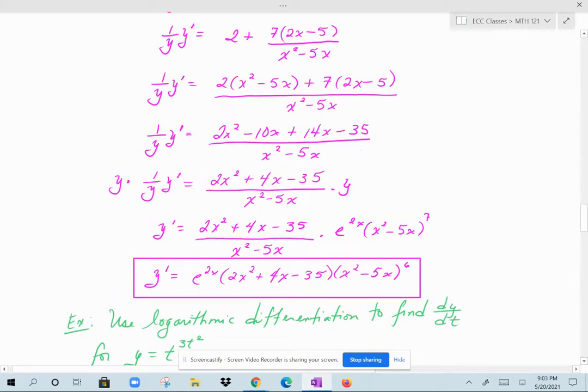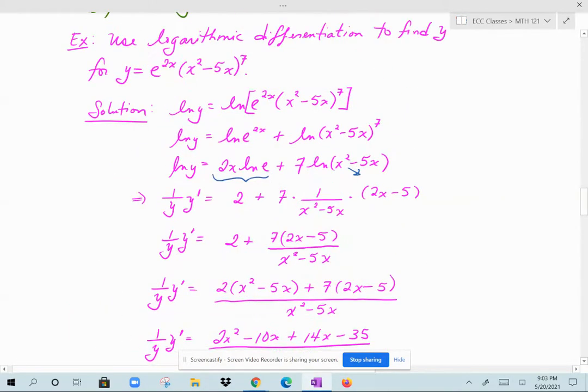So this same problem could have been done right from the very beginning using the rules that we already know. You don't have to use logarithmic differentiation in all cases. If we did this without logarithmic differentiation, it would be product rule first, because it's e to the 2x times x squared minus 5x to the 7th.